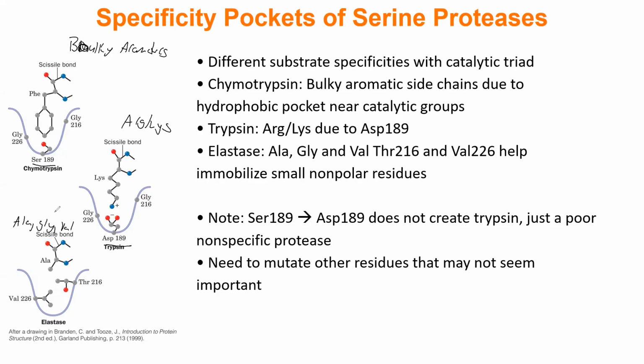And this goes back to the point that I was just making with lysozyme, that for enzymes, amino acids that are far away from the binding site can still have an effect. Even if we cannot actually see how they interact, they can still have an effect on the mechanism and the reaction itself.